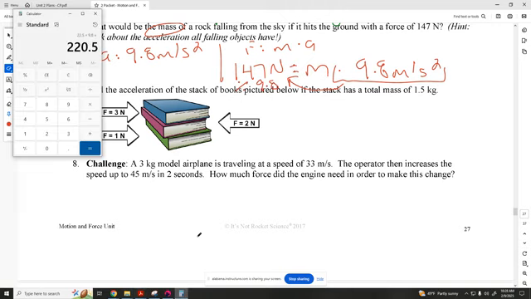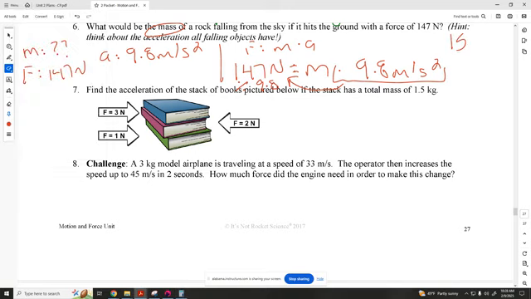Put that in my calculator. 147 divided by 9.8, I get 15. The meters per second squared will cancel with the meters per second squared in newtons. I'm left with kilograms. 15 kilograms is my mass.